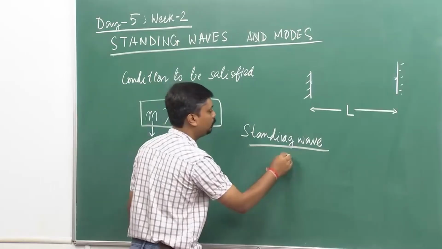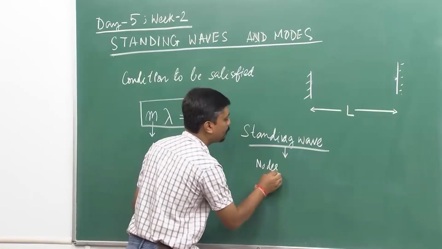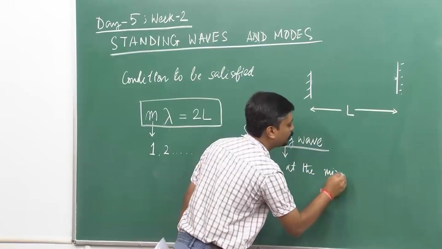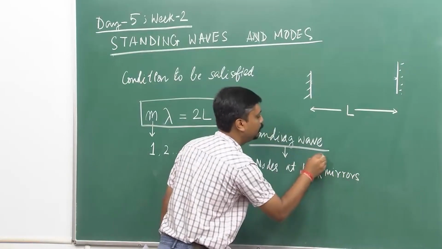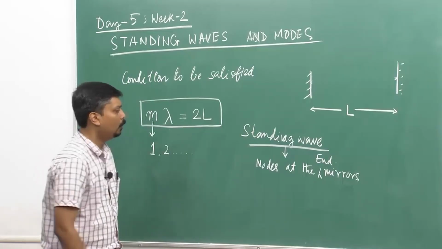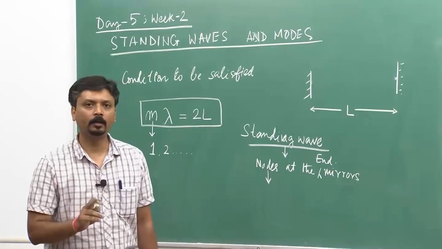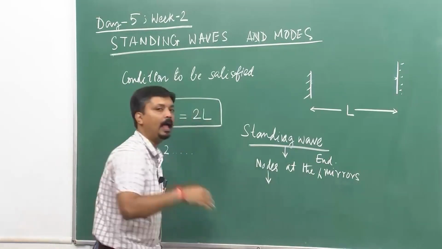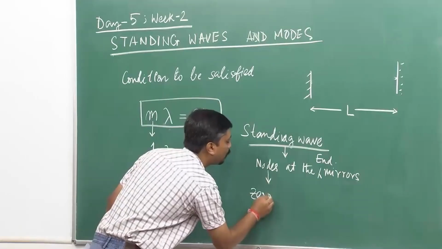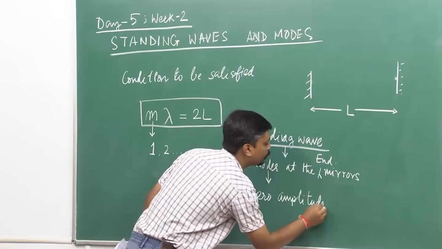For creation of standing waves there should be nodes at the mirrors, or to be precise, at the end mirrors. A node is a point where the amplitude of oscillation is 0. So, this refers to zero amplitude oscillation.